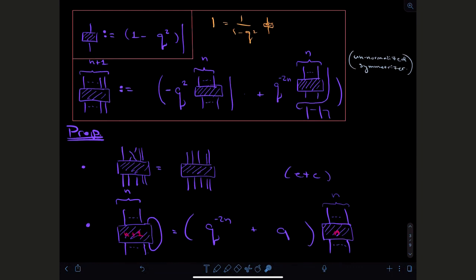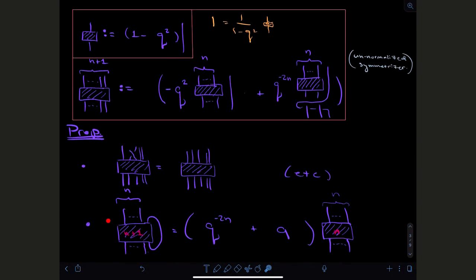And in order for these things to be useful in the computation of the HOMFLY-PT polynomial, we need to know how they interact with the process of taking braid closures. And so that's illustrated in this last line. The trace of the n+1 symmetrizer is a scalar multiple of the n symmetrizer. Okay, a partial trace, I should say.